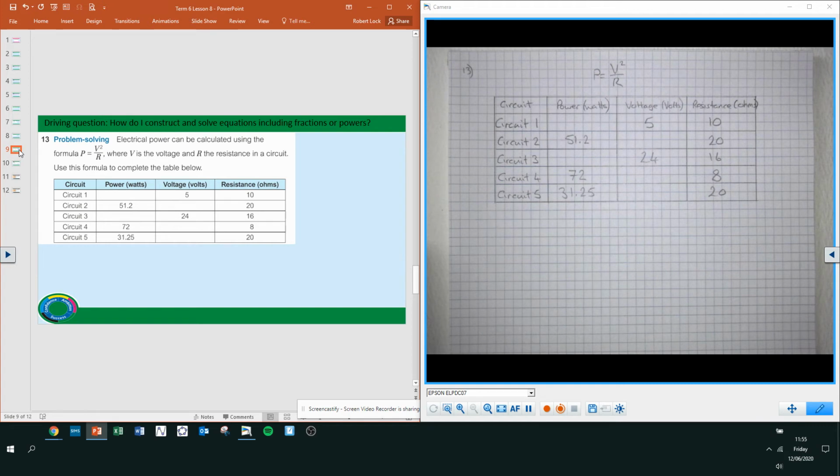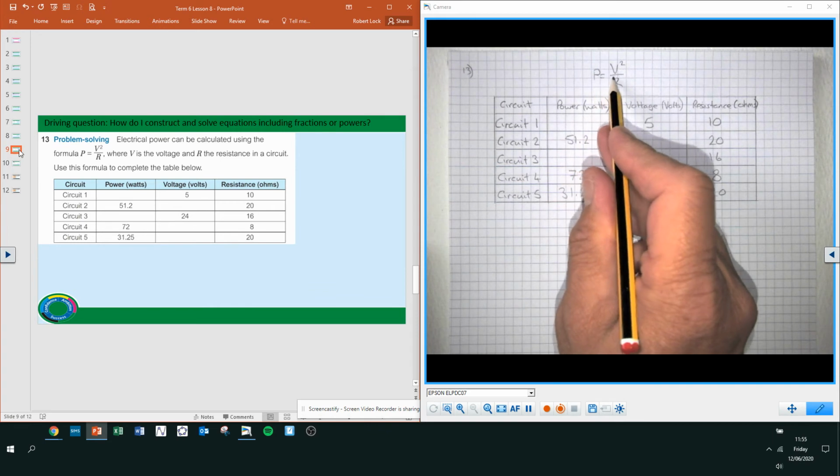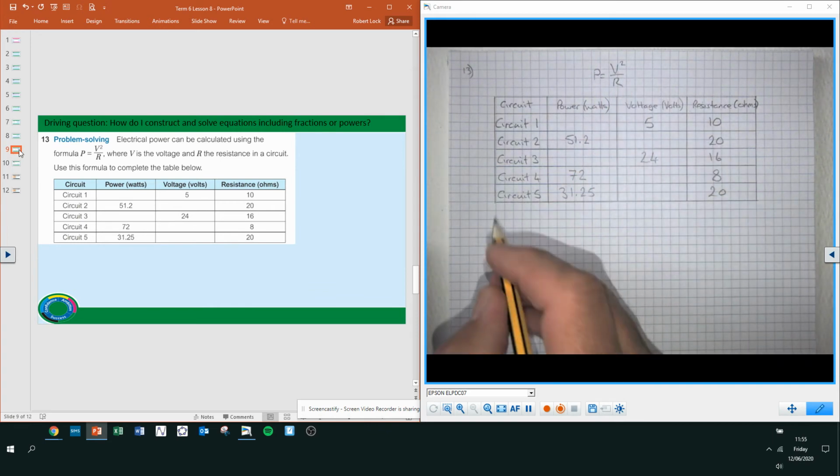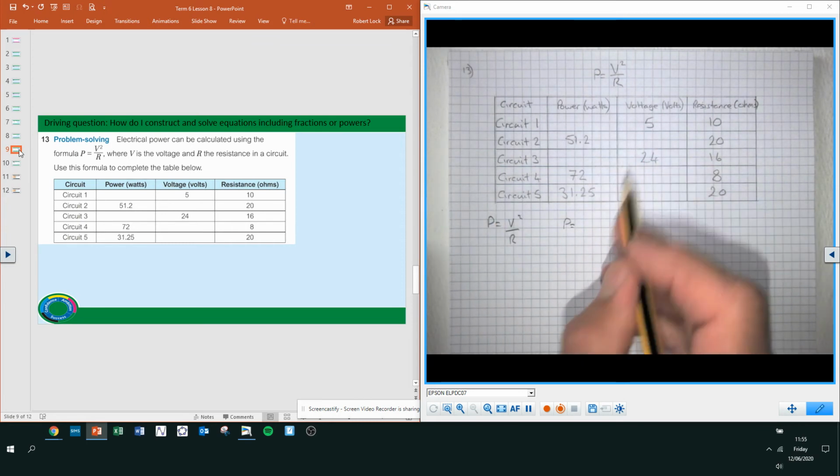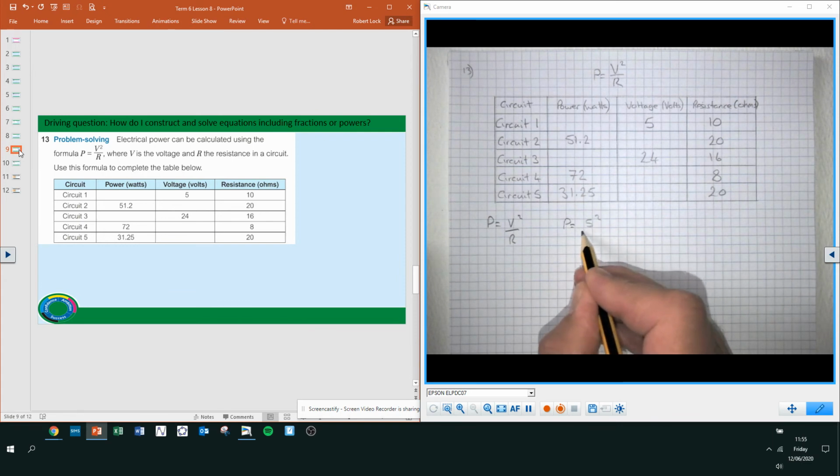Use this formula to complete the table below. So, we have volts, we have resistance, but we don't have power for circuit number 1. What we're going to use, P equals V squared over R. We have volts, which is 5 squared, over resistance, which is 10.